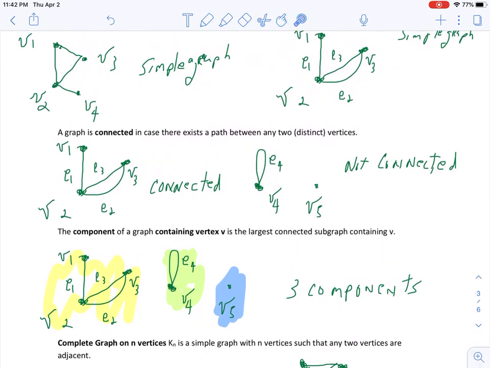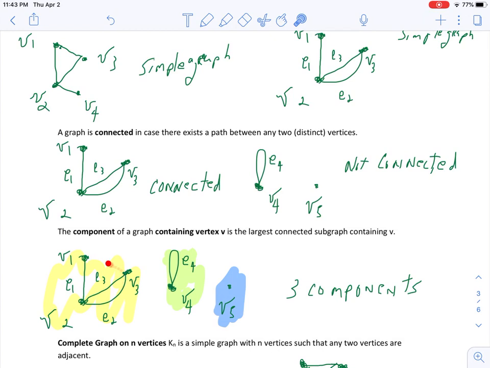And finally, the component of a graph containing a vertex V is the largest connected subgraph containing V. All right, so suppose I take the vertex V1 and I want the component containing V1. What is it? Well, I start with V1 and I walk in all directions that I possibly can. And when I've walked everywhere I can walk, that piece is called the component containing vertex V1.